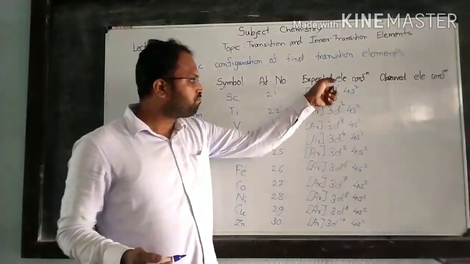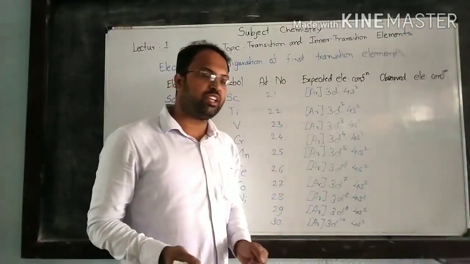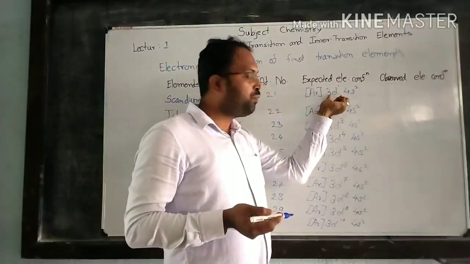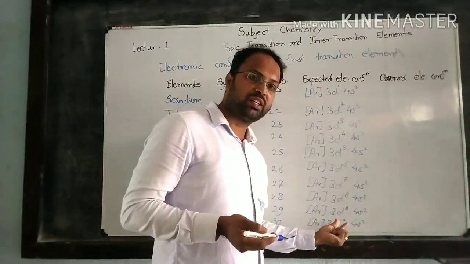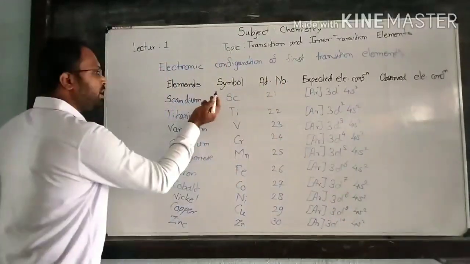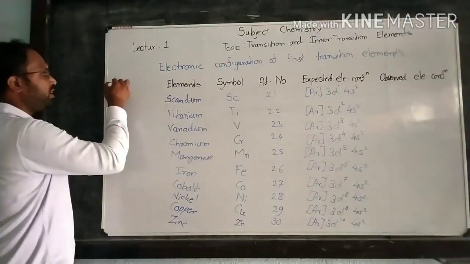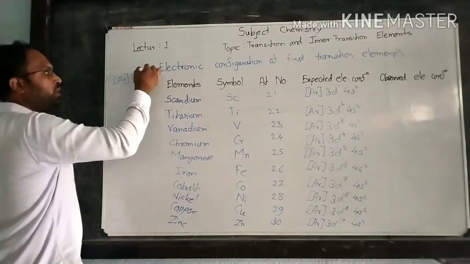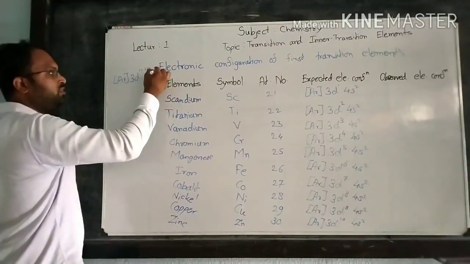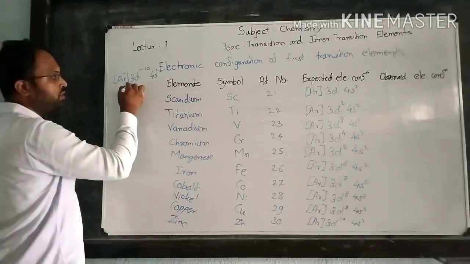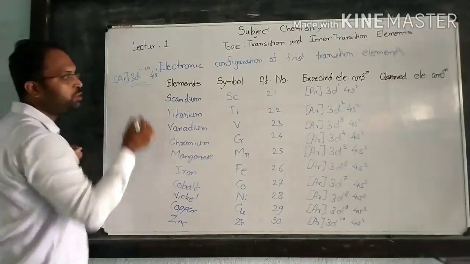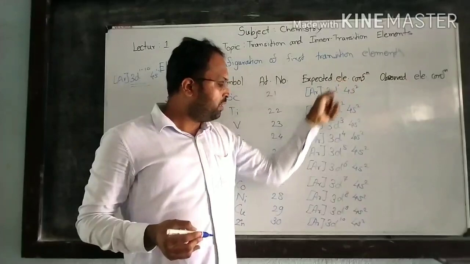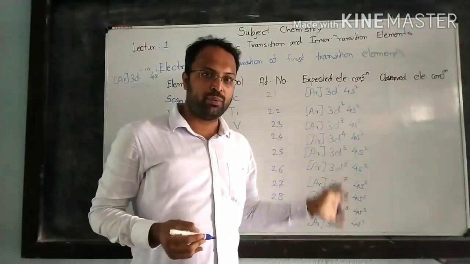So the only change is in 3d, where one electron is added starting from 1 and ending with 10. So the electronic configuration of the 3d series is [Ar] 3d 1 to 10, 4s 1 to 2, because from 3d1 to 3d10 electrons can be filled.